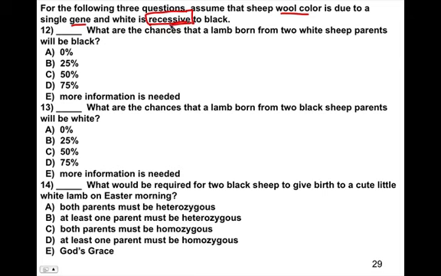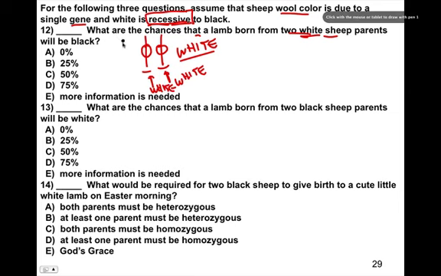Well, white is recessive to black. So a white sheep must have both alleles from the white gene. If they carried the black allele, the sheep would be black because that's dominant.